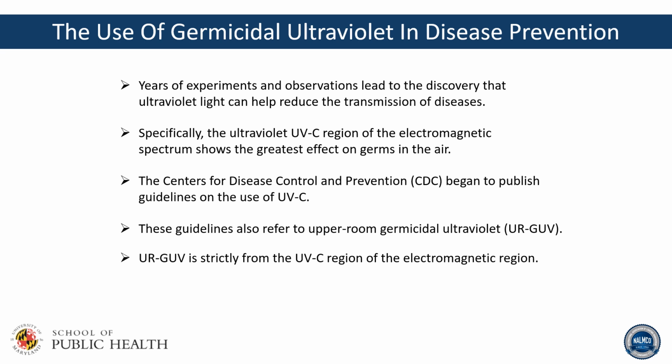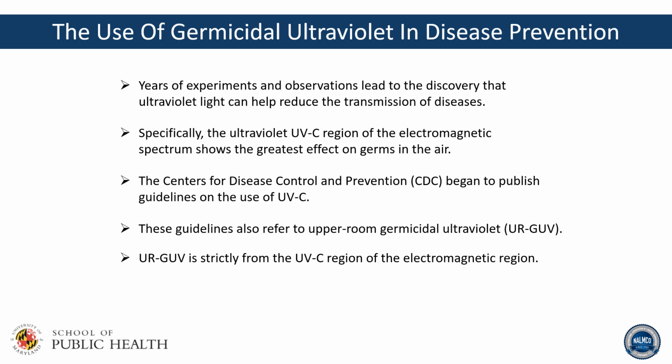The use of germicidal ultraviolet in disease prevention. Years of experiments and observations led to the discovery that ultraviolet light can help reduce the transmission of diseases. Specifically, the ultraviolet UV-C region of the electromagnetic spectrum shows the greatest effect on germs in the air.